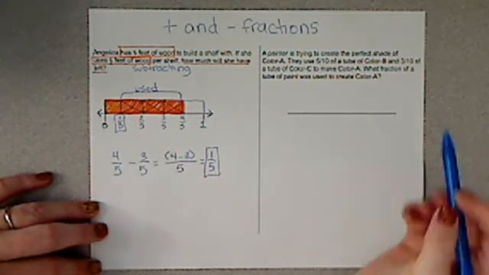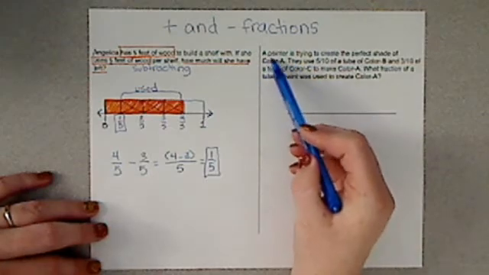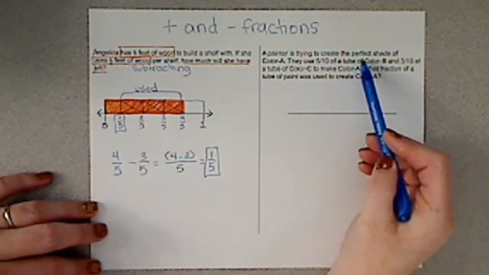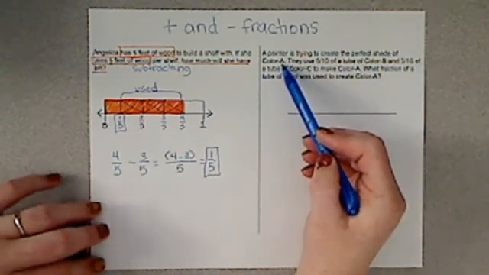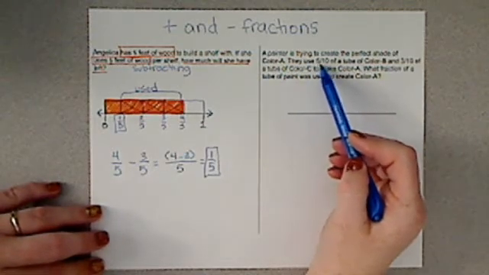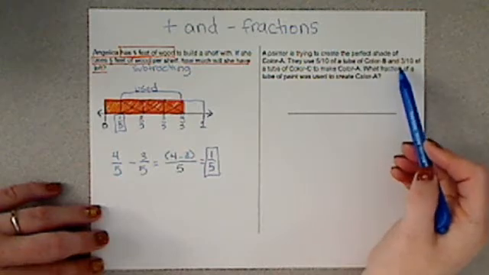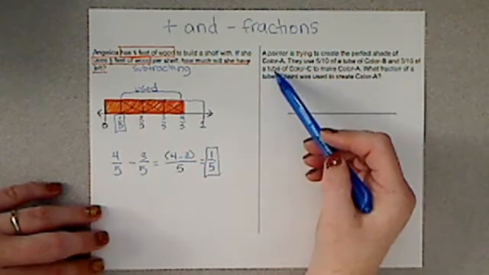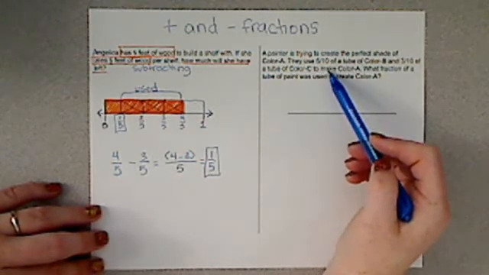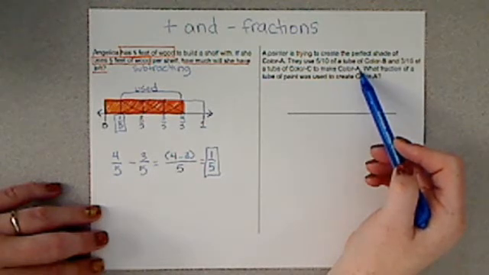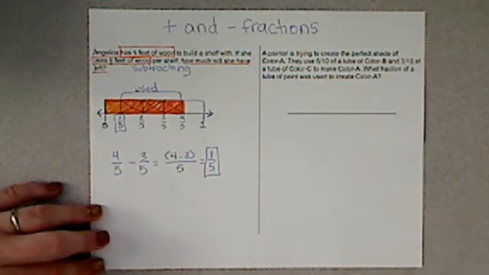All right, our next problem. A painter is trying to create the perfect shade of color A. They use 5/10 of a tube of color B and 3/10 of a tube of color C to make color A. Okay, so I want to make sure I'm understanding this.